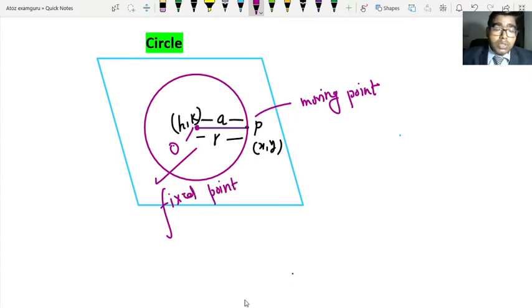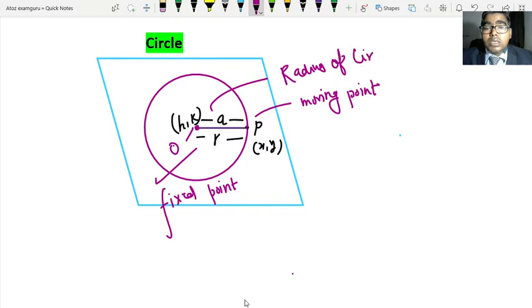Right friends, so the distance between the fixed point and the moving point is called the radius of the circle, and it is denoted by a small letter r or a small a. So the circle is a locus of a moving point with respect to a fixed point.